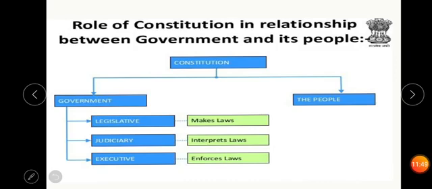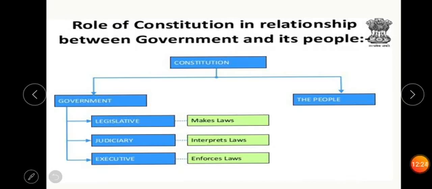Government has three organs, as we have studied in the previous classes: legislative, judiciary, executive. One by one I am going to deal. Legislative means lawmakers, who make the laws and policies for the nation. Judiciary interprets the laws, whether they are appropriate or not.